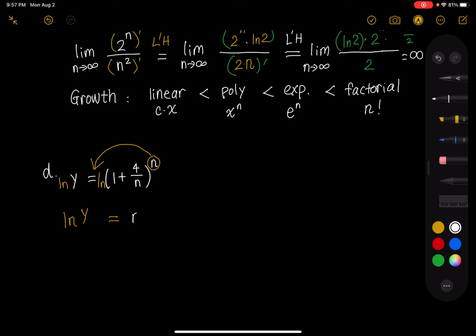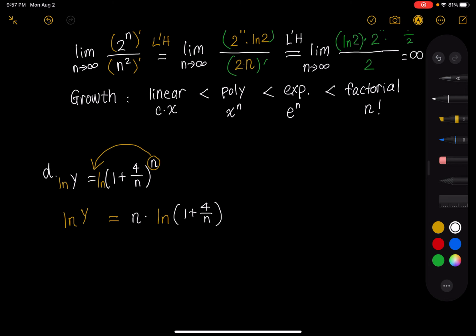You're going to get n times ln of 1 plus 4 divided by n. And it's much easier to handle when you don't need to worry about how to take a limit with an exponent. So in this sense, we use some rule of logarithm.